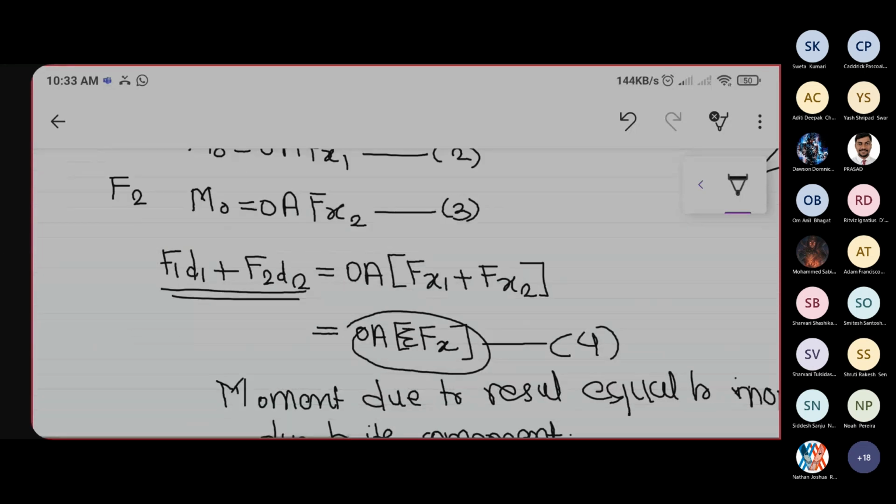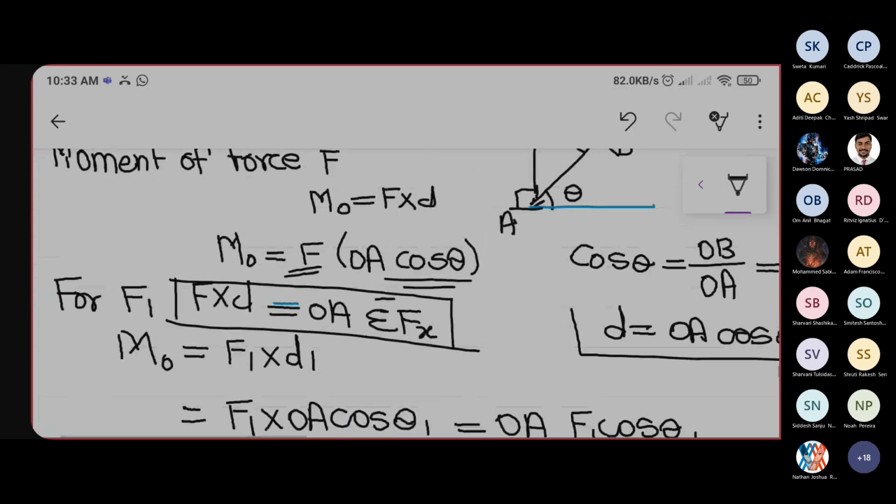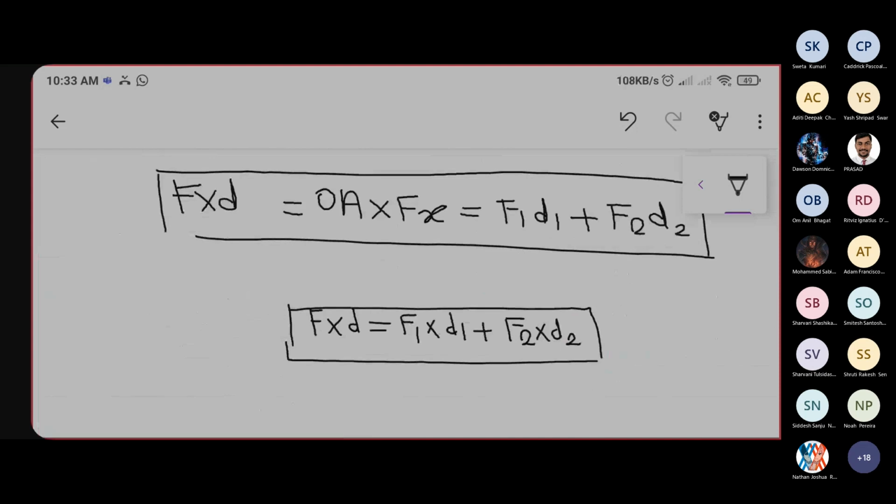So we can equate the other side, that is F1 D1 plus F2 D2 is equal to F into D. So we got that equation, F into D is equal to F1 D1 plus F2 D2. And this equation says that the moment due to resultant is equal to summation of moment due to its components. That is called Varignon's theorem. Always remember this. Moment due to a resultant is equal to moment due to its components.